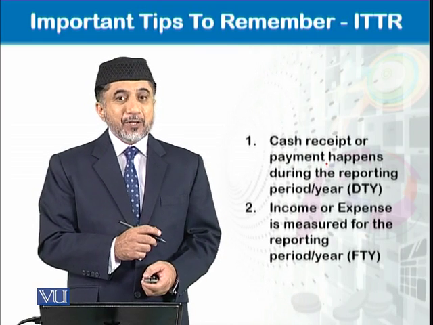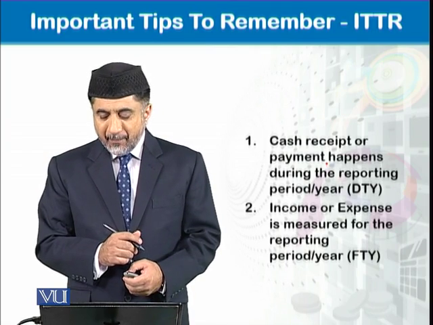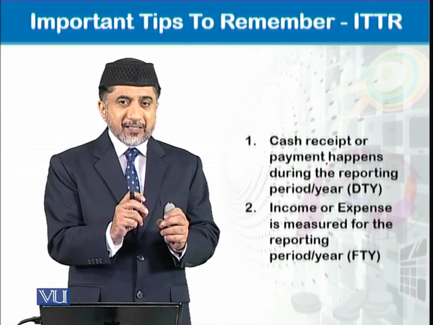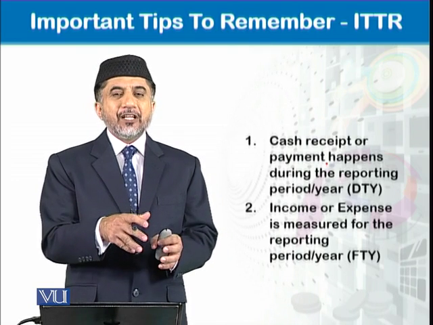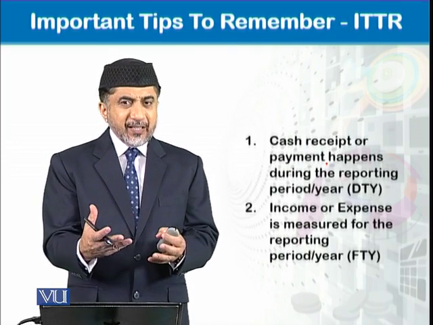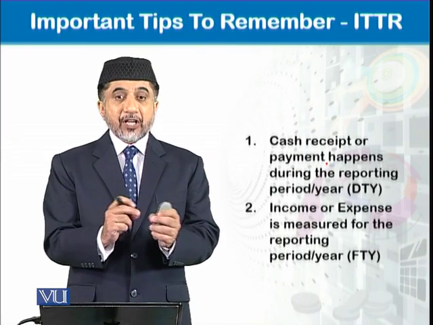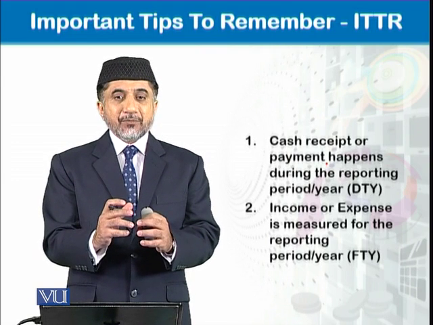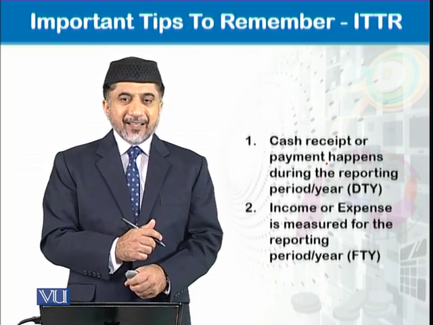So the important tips to remember in this module are that cash receipt or payment happens during the reporting period, for which you can abbreviate it as DTY, during the year, and income or expense is measured for the reporting period, okay, FTY. So what we do that during the year we receive cash, then we adjust it with the opening accrual, closing accrual, opening advance, closing advance, and the outcome, what comes out, is known as expense or income for the year.